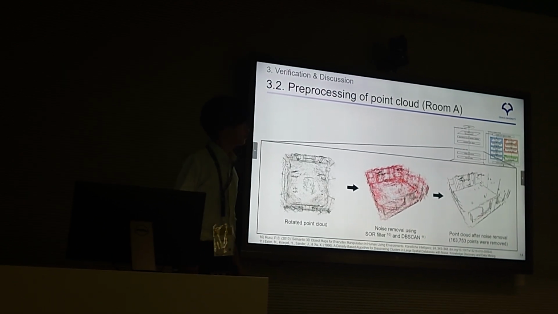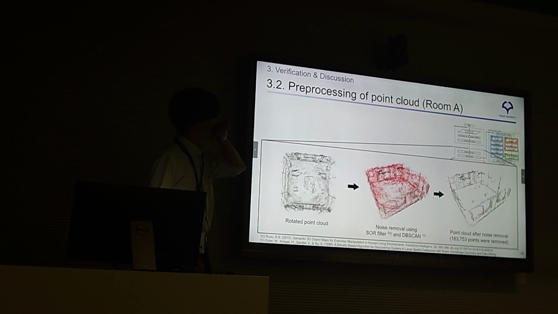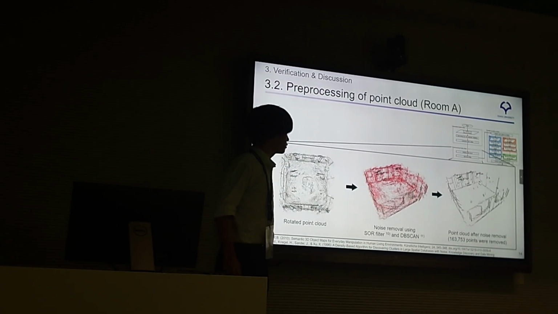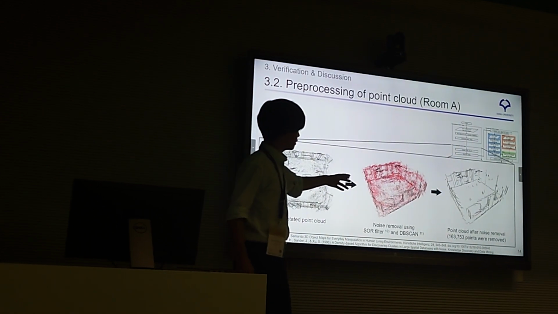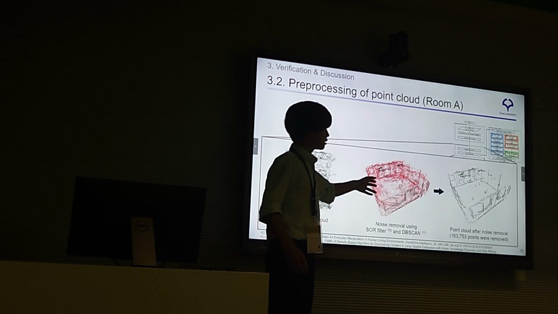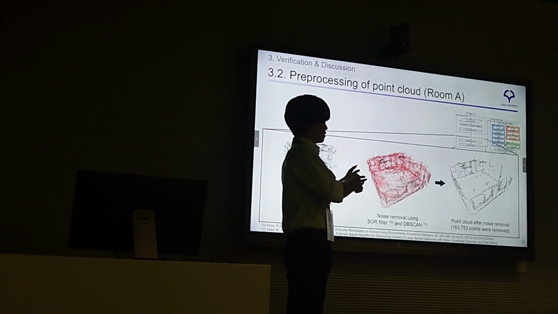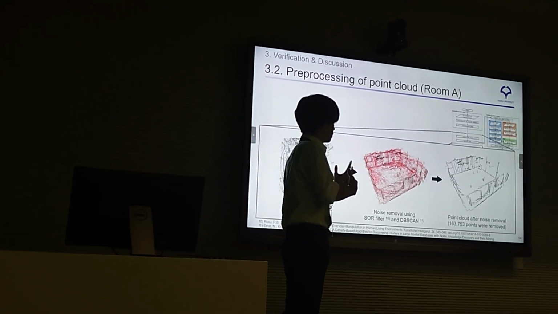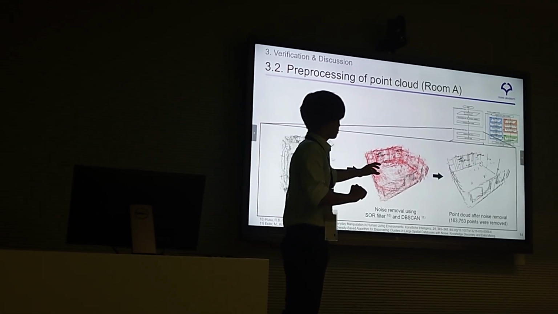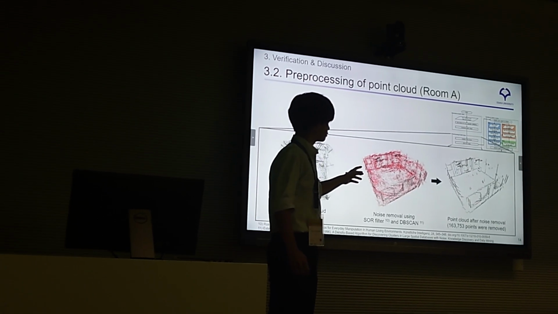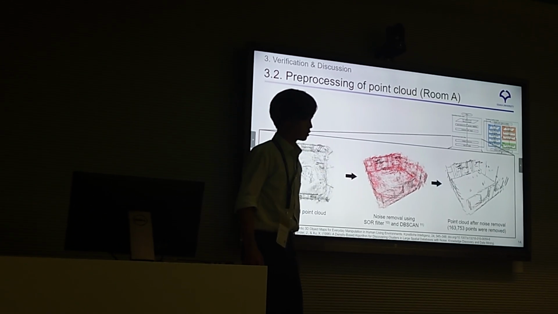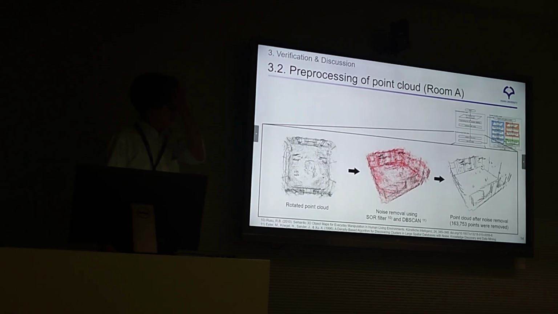We couldn't classify good points and bad points because it's a very complex point cloud position. This time we use an XOR filter. Okay, the good, the bad, and the ugly points.